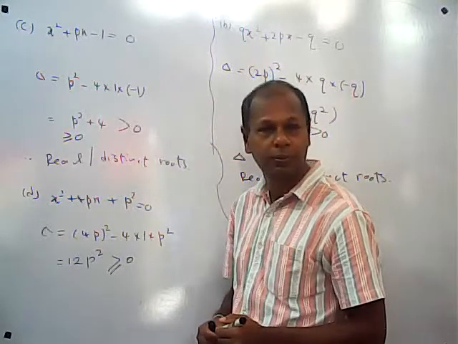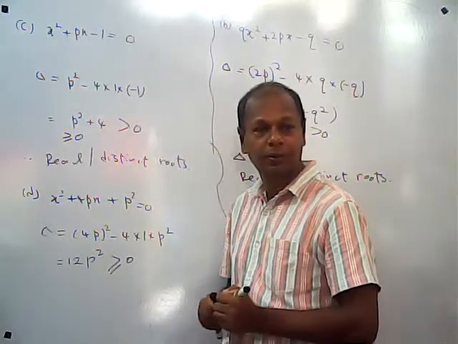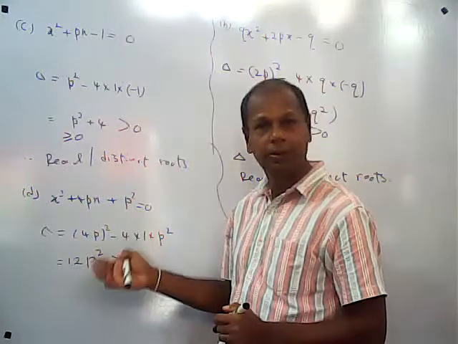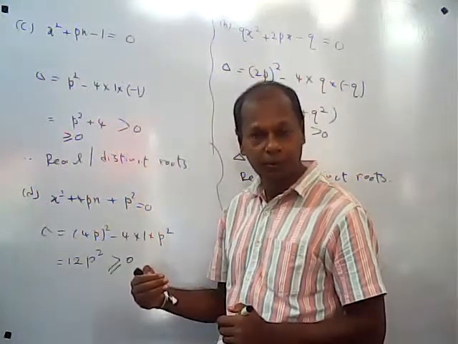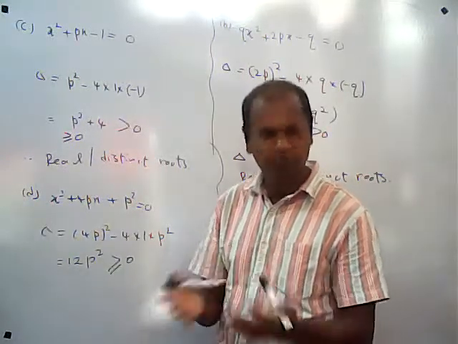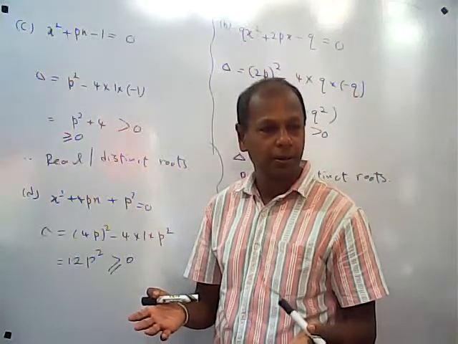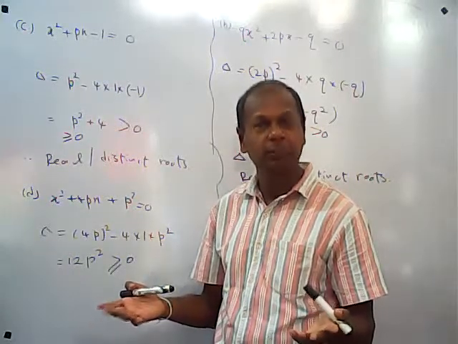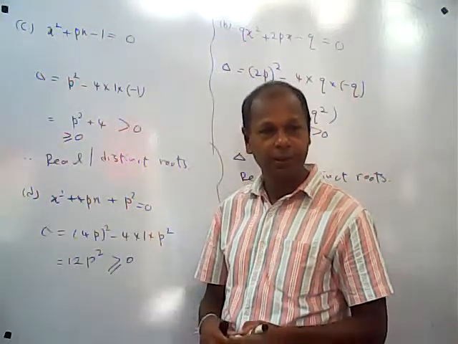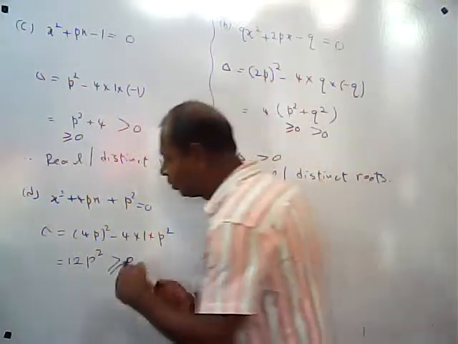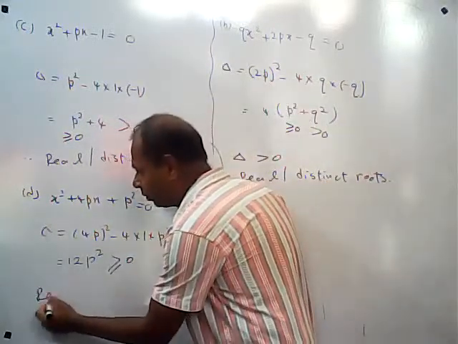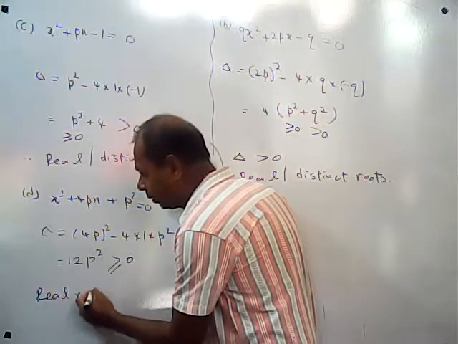So the conclusion: real and distinct, or it can even be coincident. Then it's enough to say the roots are real. That's all we can say: the roots are real.